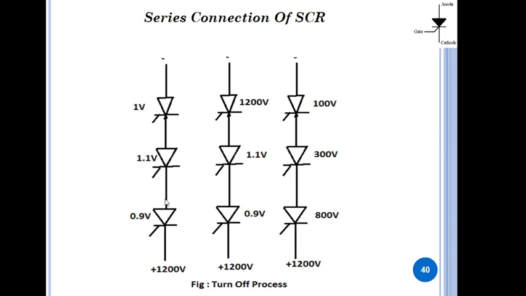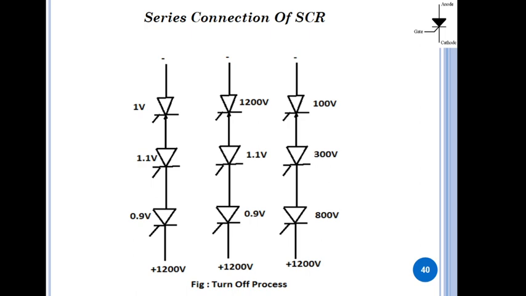So to equalize the voltage distribution during both stages, we want to use equalizing circuits connected across the SCRs. That equalizing circuit will equalize the voltage distribution across each SCR, so that all SCRs can be triggered simultaneously and turned off simultaneously.